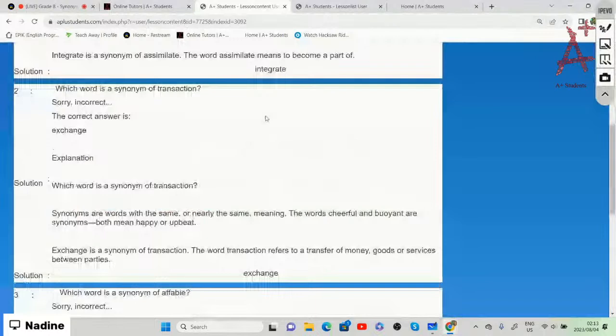So there is an exchange. Another word for transaction, not really like transaction, it's basically similar in meaning. It is exchange.